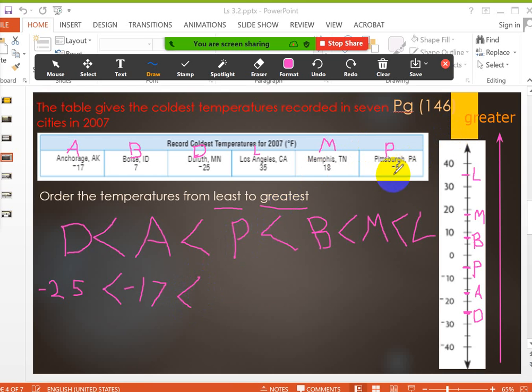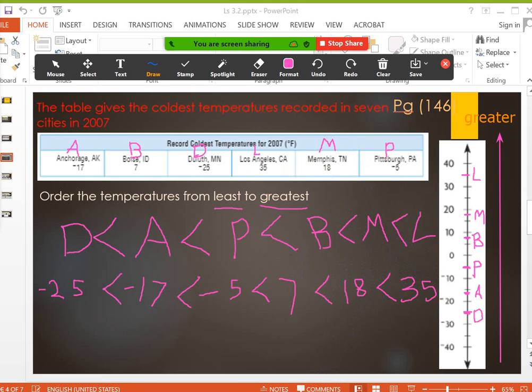P is negative 5. B is 7. M is 18. And L is 35.